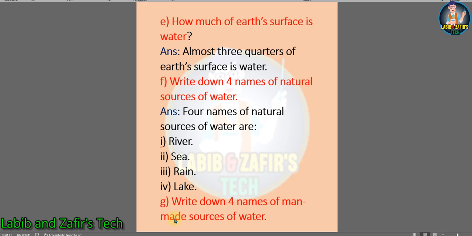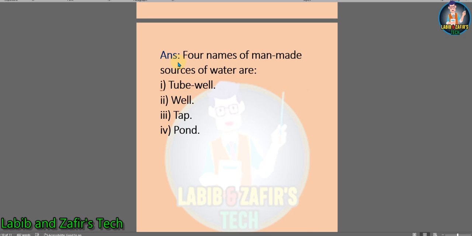Then the next question. Write down 4 names of man-made sources of water. Answer: 4 names of man-made sources of water are: number 1, tube well; number 2, well; number 3, tap; number 4, pond. So students, these are all the extra questions I have made for this chapter and this is the exercise for this chapter.